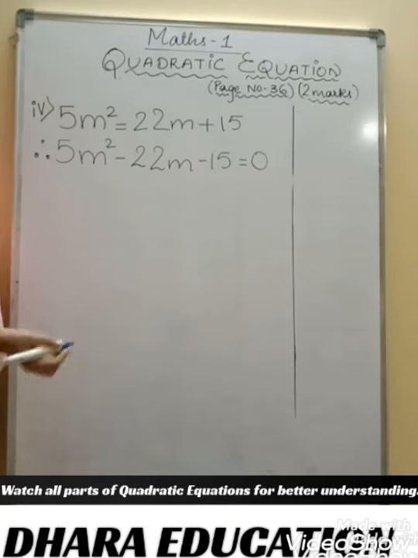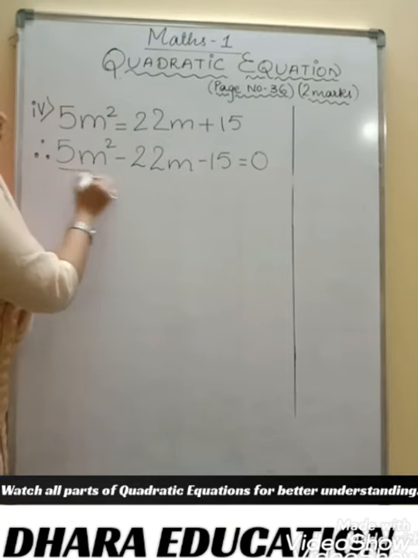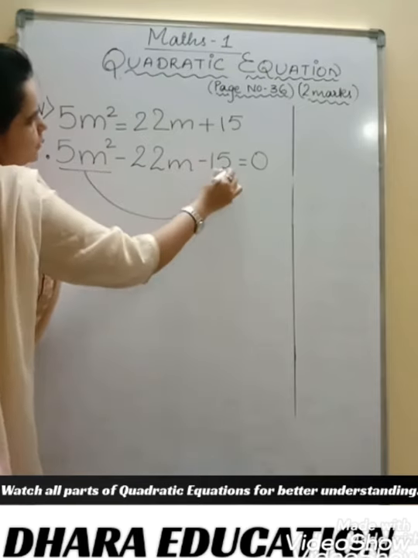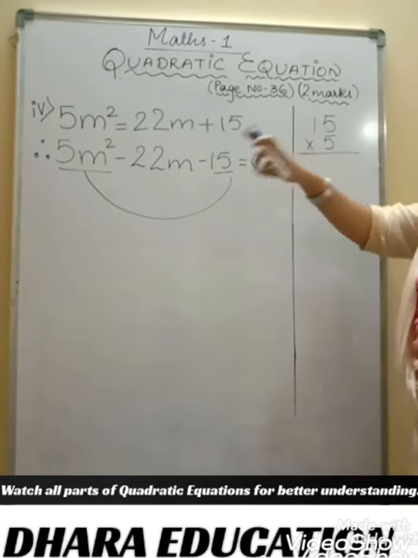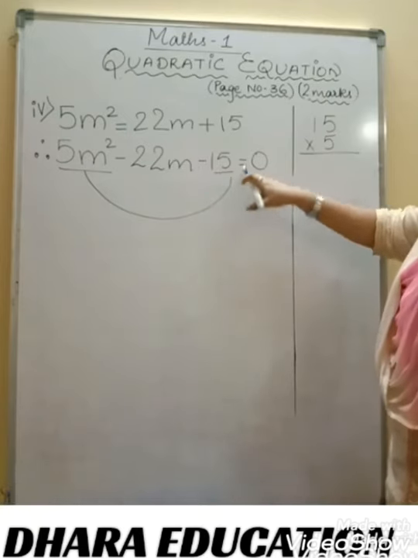Now, what is the next thing we have to do? Our simple logic, the first step, is that 5m squared is going to be multiplied with 15. So let's start. Students, the first term, 5m squared, is multiplied with 15.